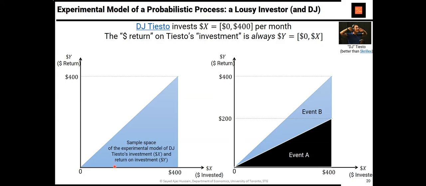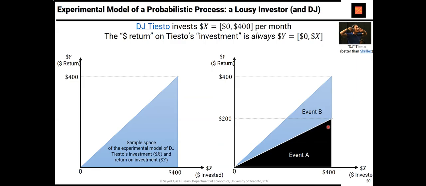So for example, he could withdraw any amount of money between 0 and 400, but once he withdraws any amount of money, his return will be anywhere from $0 to a maximum of how much he withdrew, because you can see this is a 45-degree line. So for example, if he actually withdraws 400, his returns could be 50, 100, 200, 300, 400, but never more than 400. So for any amount of money that he withdraws, his actual return will be anywhere from 0 to the amount that he withdrew.